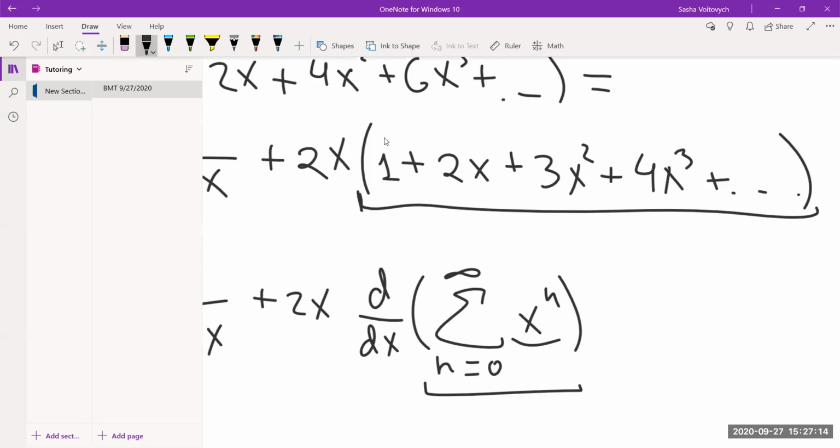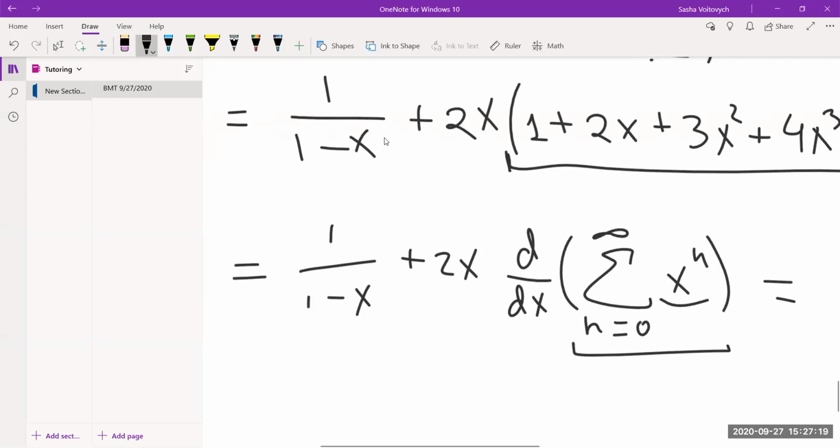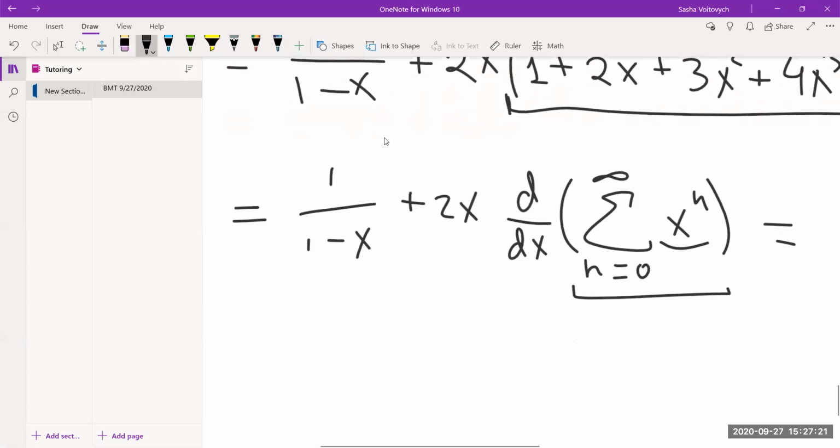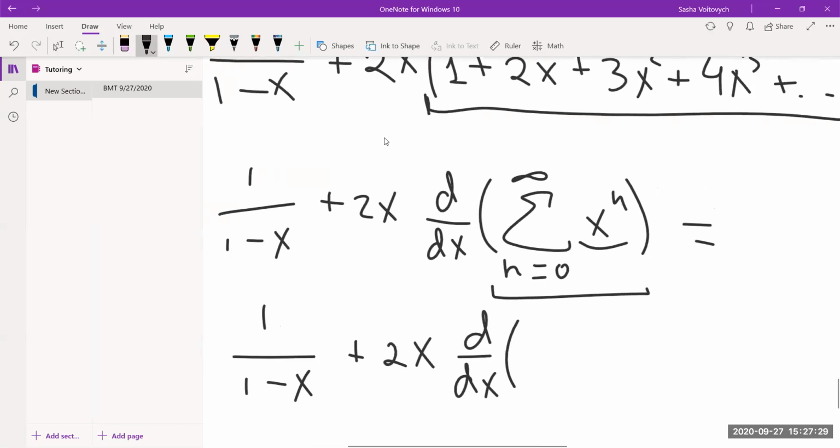So we know what this equals to. It is just d over dx of the value of this sum, which is 1 over 1 minus x.